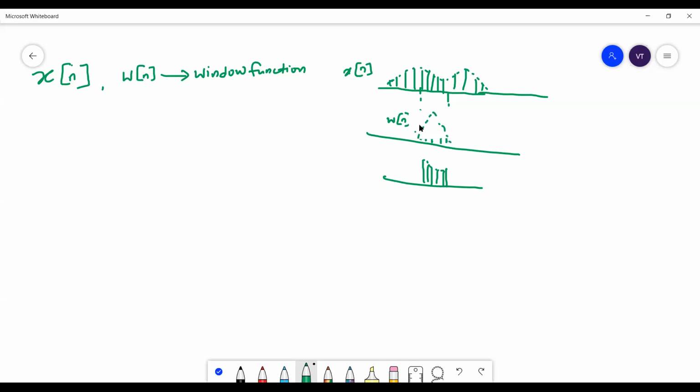I can look at the signal through a window like this. But now the window is having this shape. So maybe I will call this window a triangular window. Then I am going to look at this signal through a triangular window, which means I have to multiply each sample by the corresponding sample in the triangular window. Anyhow, this does not make much sense now, but it will be very clear when we discuss the windowing method for FIR filter. So let us leave our further discussion for that.